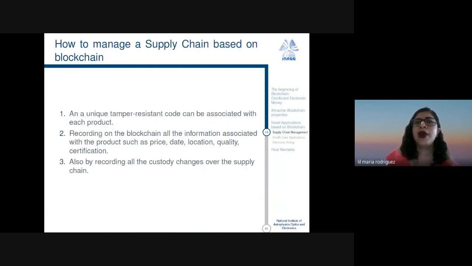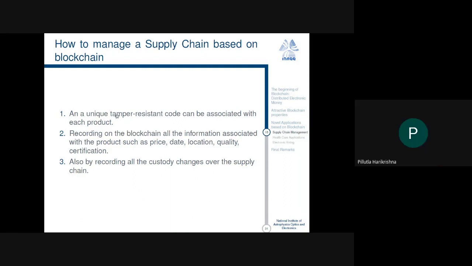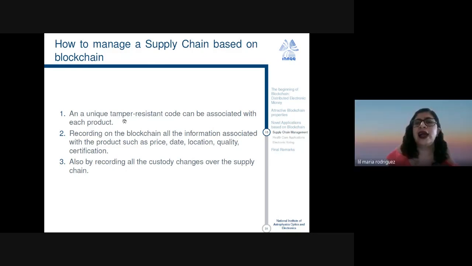So let's talk a little bit more about what these kinds of applications require. How to manage a supply chain based on blockchain? Well, the idea is that we can associate with each product a unique tamper-resistant code.